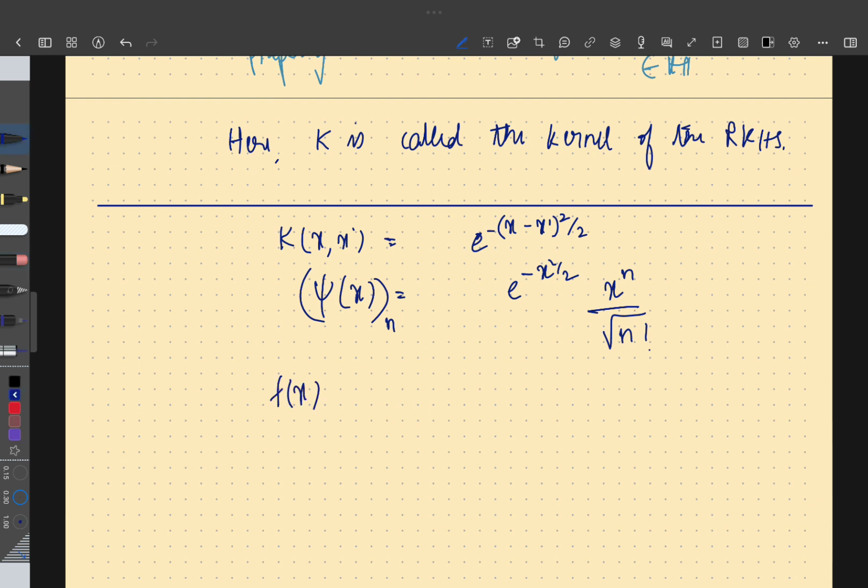Let's say that I have f of x, which can be represented as the summation from n equal to 0 to infinity of f n times x to the power n. Suppose that this were the case.